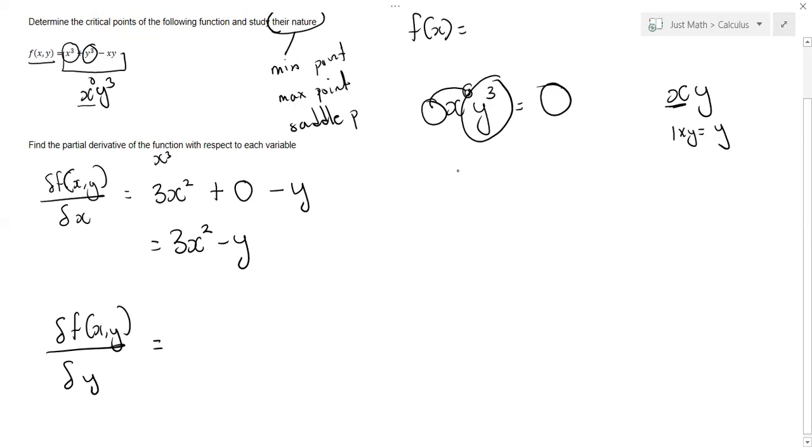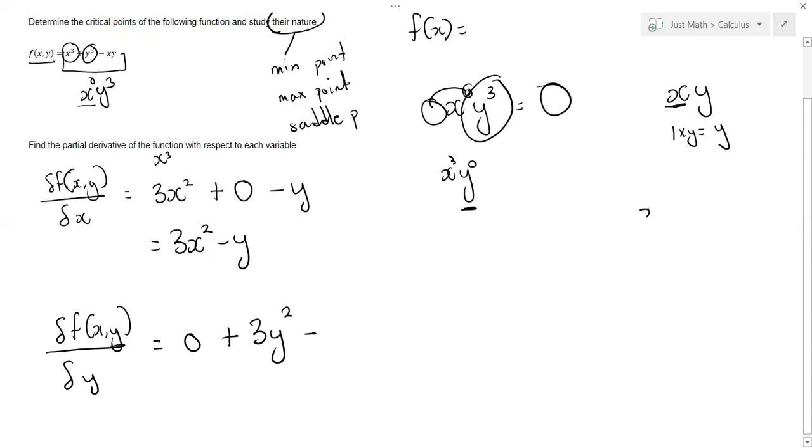You can say this is x to the power of 3, y to the power of 0, and the derivative with respect to y is going to be 0. So we have 0 plus the derivative of y to the power of 3 with respect to y, which is 3y squared.